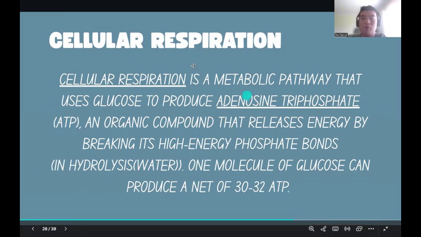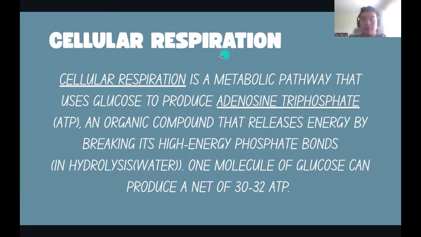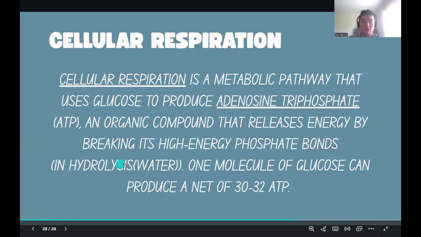Now is the most difficult part of the session, cellular respiration. Cellular respiration is a metabolic pathway that uses glucose to produce adenosine triphosphate, so ATP, an organic compound that releases energy by breaking its high energy phosphate bonds in hydrolysis.